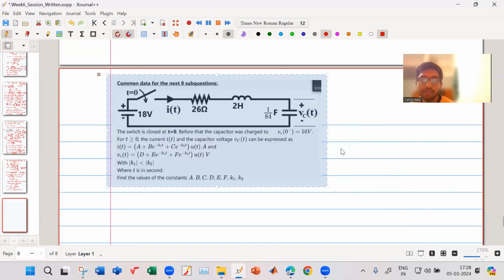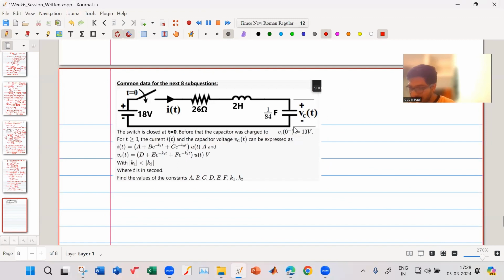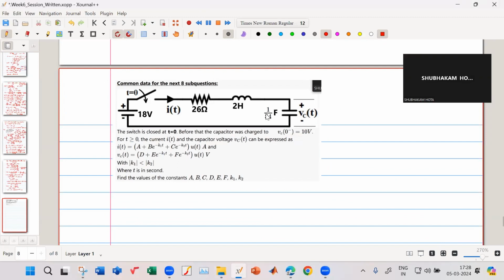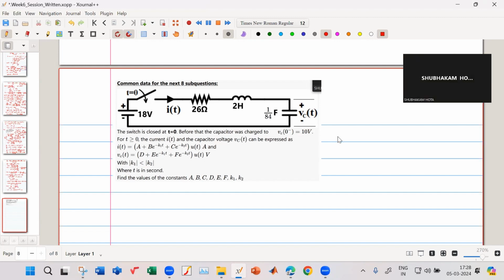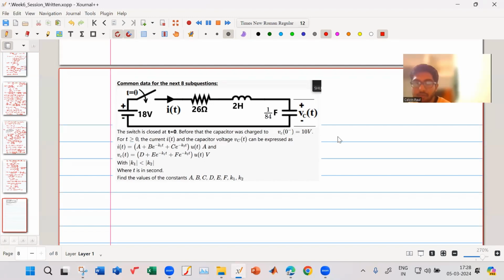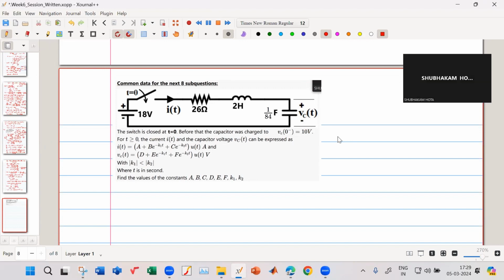You're able to see this? Yes, sir. So how will you solve this? Or tell me what is given. DC0 is given. Initial voltage of capacitor 10 volt. And initial current is 0 for inductor. Why?